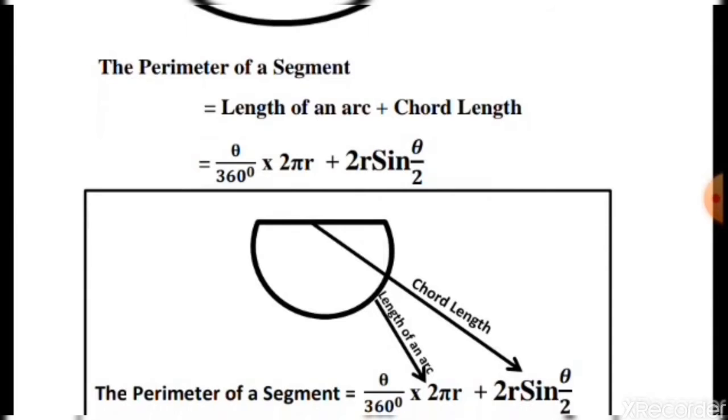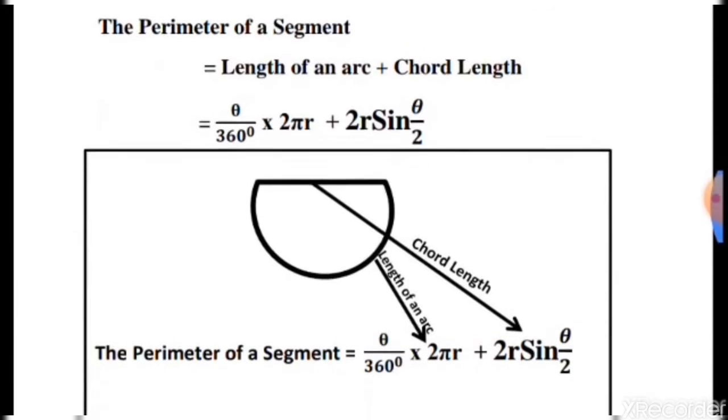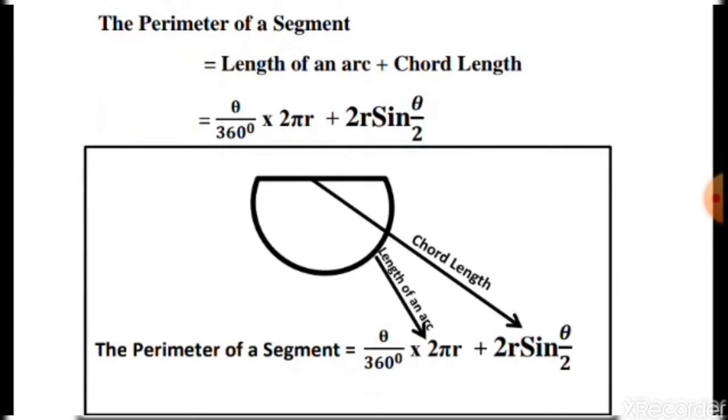The straight line we have there, that is the chord length, which is 2r sine theta over 2, while the remaining circumference that you have there is called the length of an arc, which is theta over 360 times 2 pi r. So the perimeter of a segment is the addition of the length of an arc and the chord length. So invariably we can now say that the perimeter of a segment is equal to theta over 360 times 2 pi r plus 2r sine theta over 2.